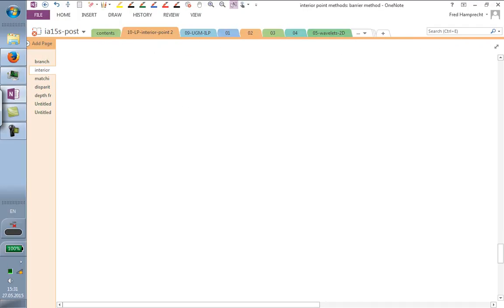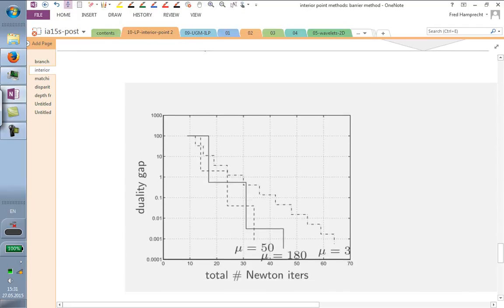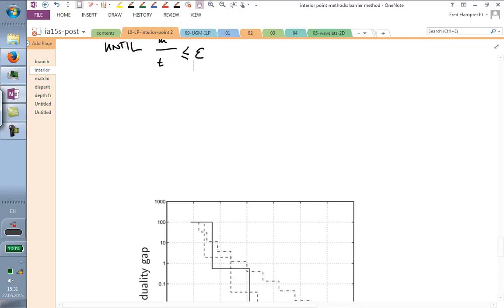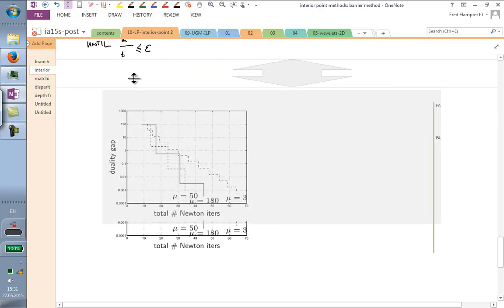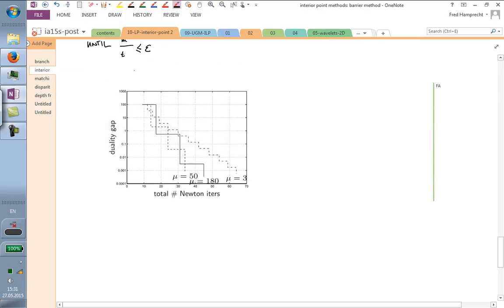And I here have a picture, again from the Vandenberghe course, which shows us this trade-off for different step sizes.